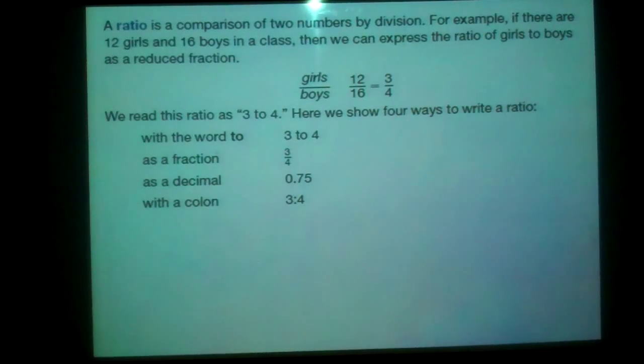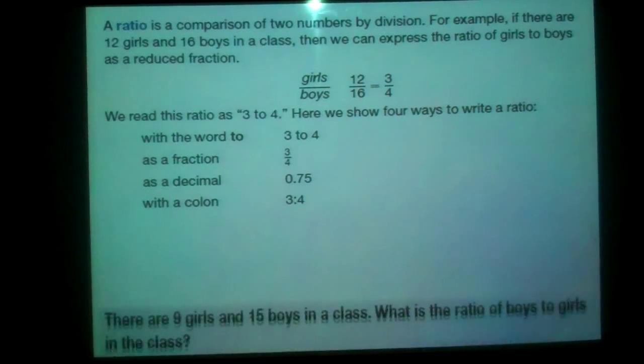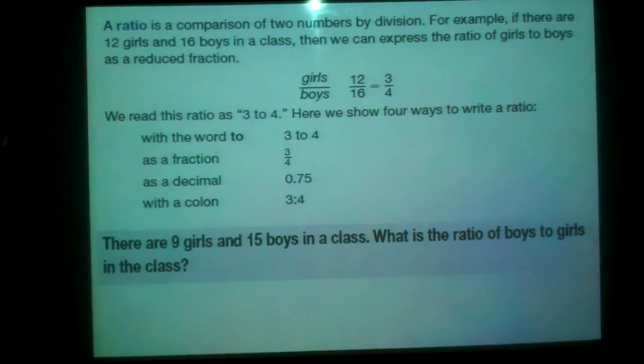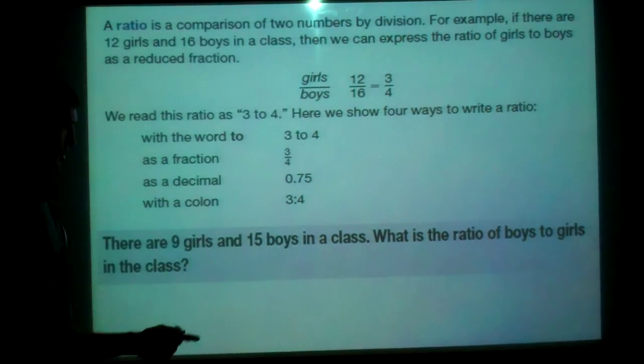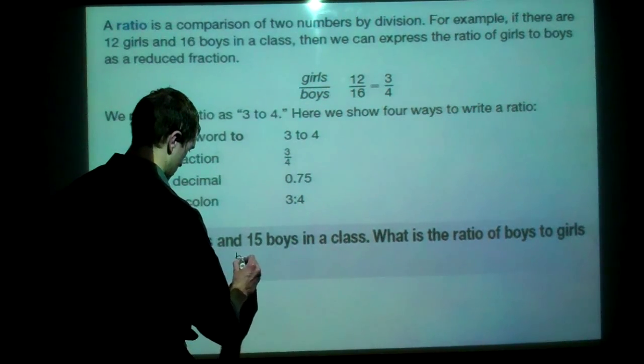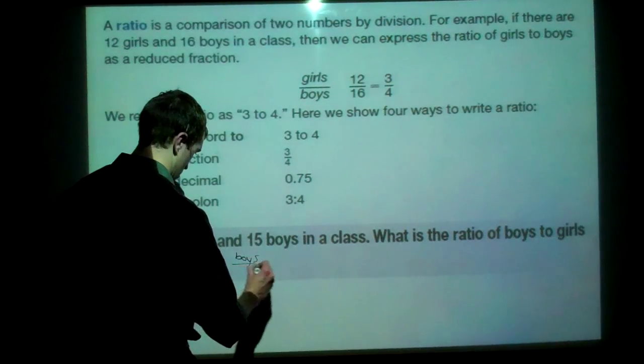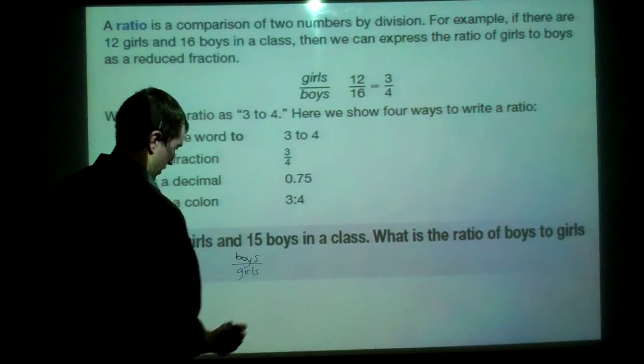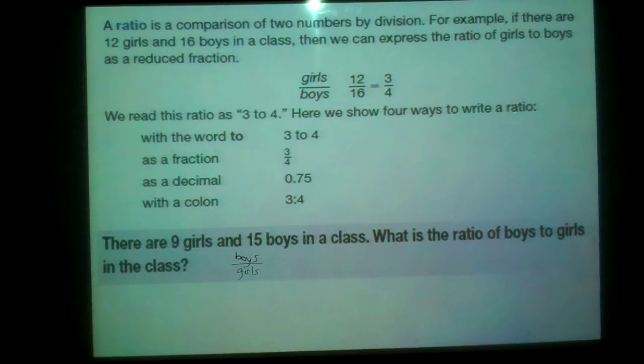Now, can we identify that in a problem? Let's take a look at that. There are 9 girls and 15 boys in a class. What is the ratio of boys to girls in the class? Well, they want boys to girls, so we're going to write boys to girls. For me, I like to do things with the fraction bar.